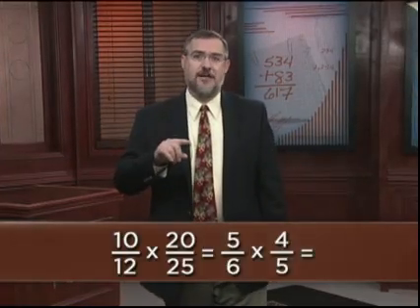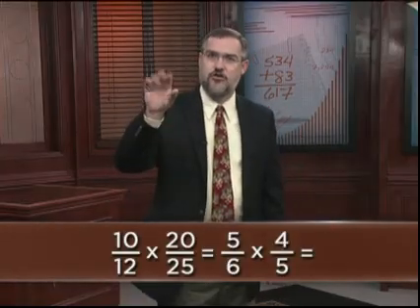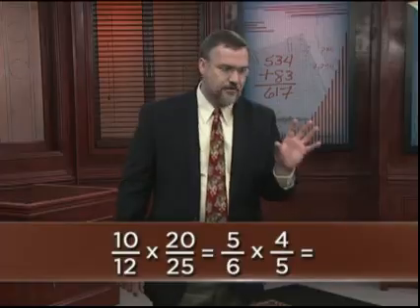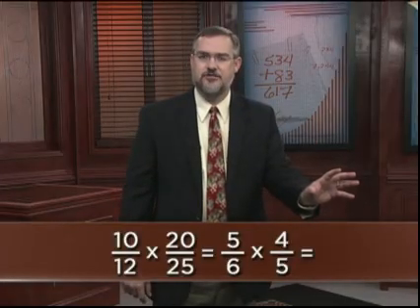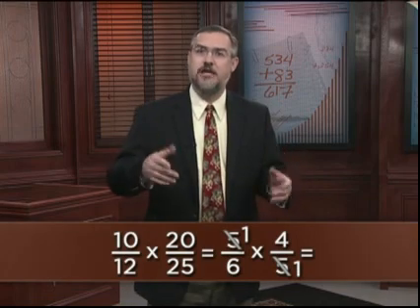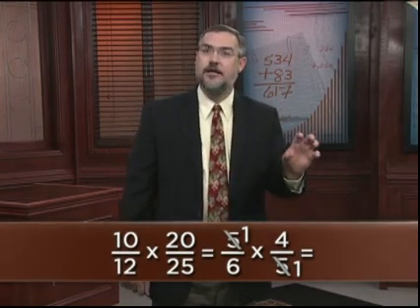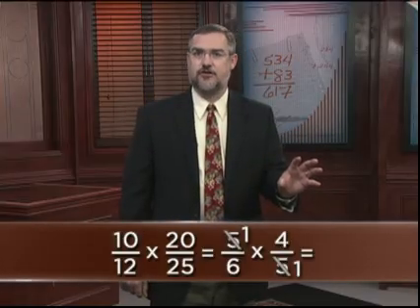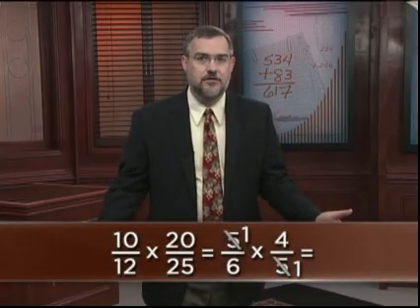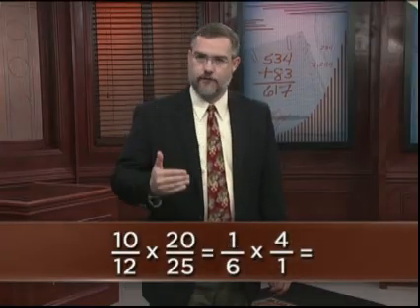So, for example, those 5s that are now in the problem, the 5 in the numerator of the first fraction and the 5 in the denominator of the second fraction can cancel one another. And that leaves me a 1 in the numerator of the first fraction and a 1 in the denominator of the second fraction. The problem has now been whittled down to 1 over 6 times 4 over 1.